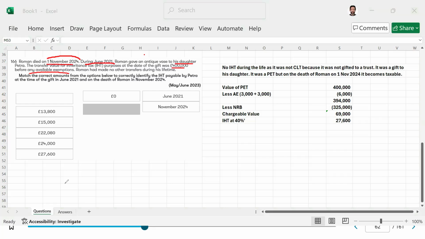We come to this calculation. Yes, the taper relief, 20%.